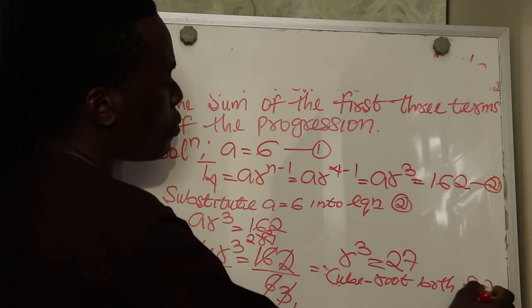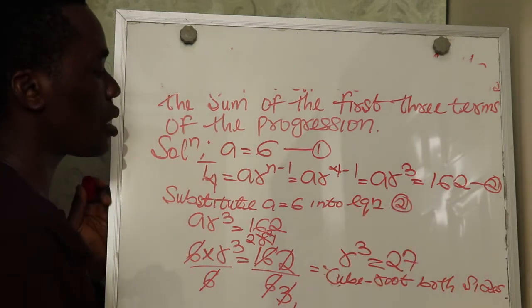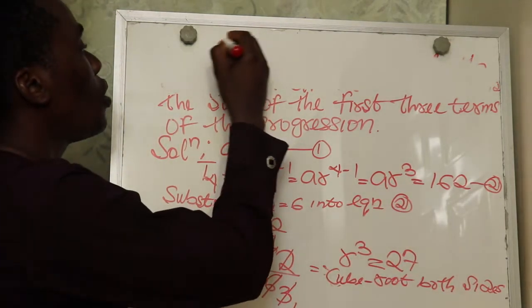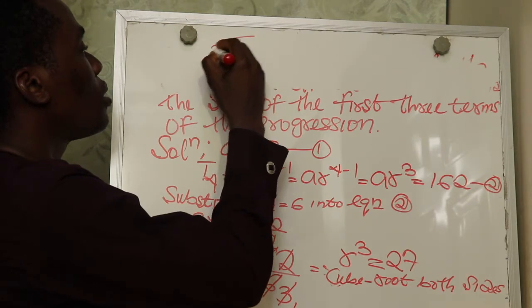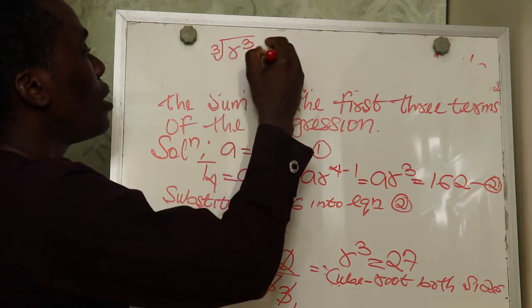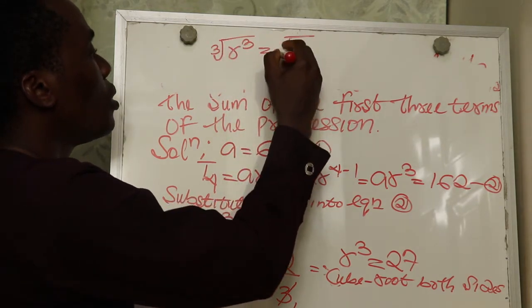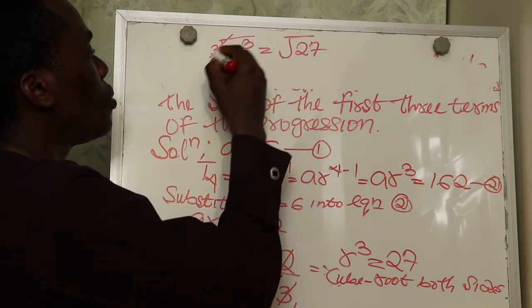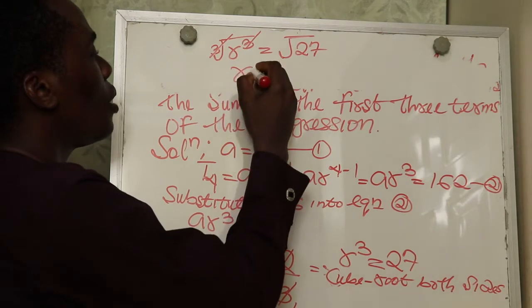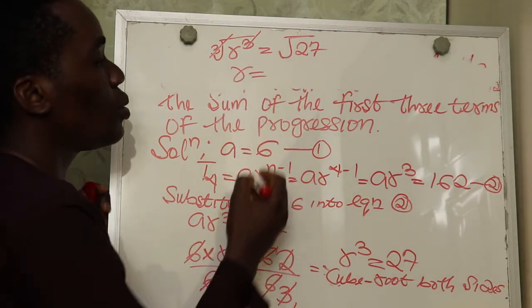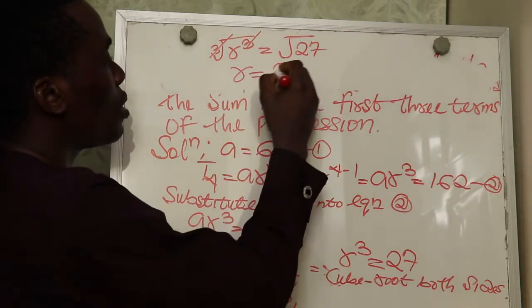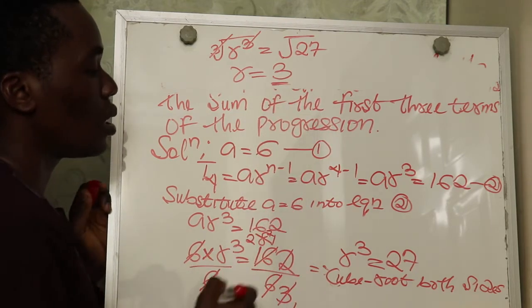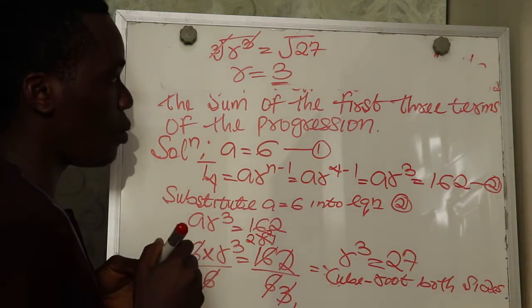If we cube root both sides, we're going to have the cube root of r^3 equal to the cube root of 27. Now this will cut this. Our r will now be equal to the cube root of 27, which will give us 3. So that is the value of r.